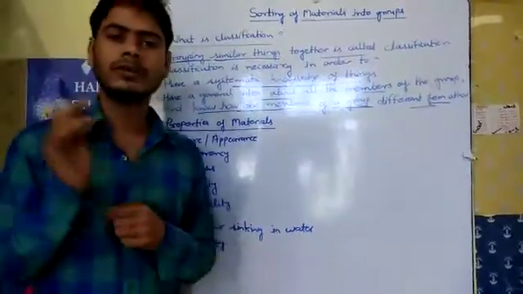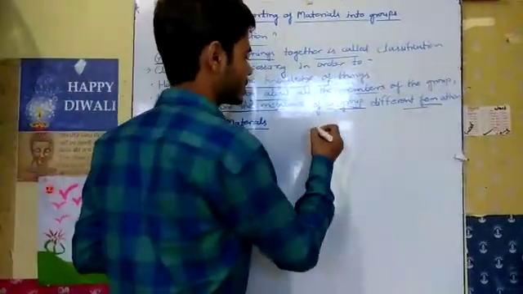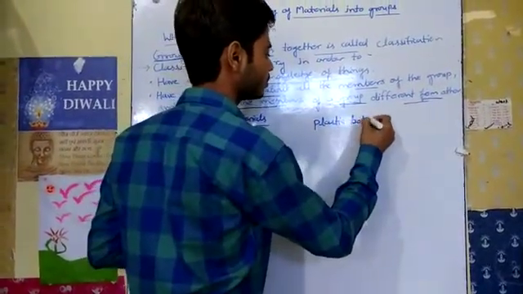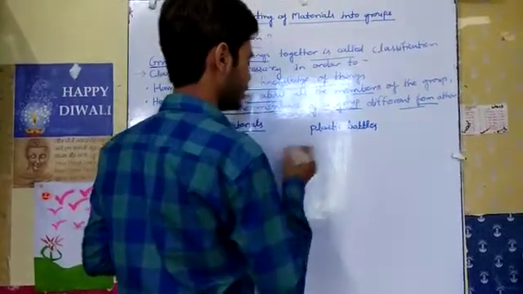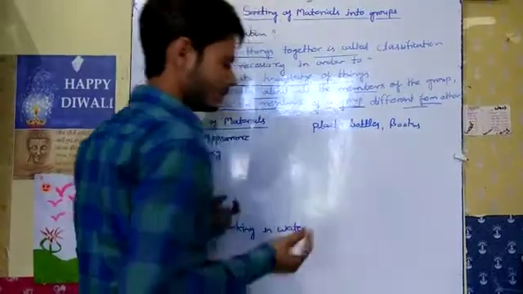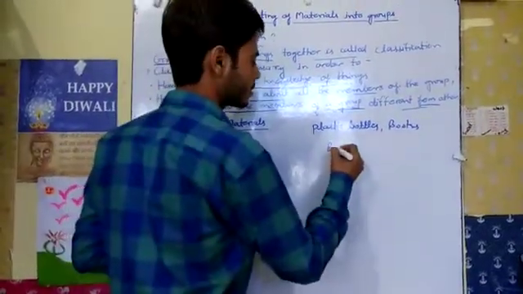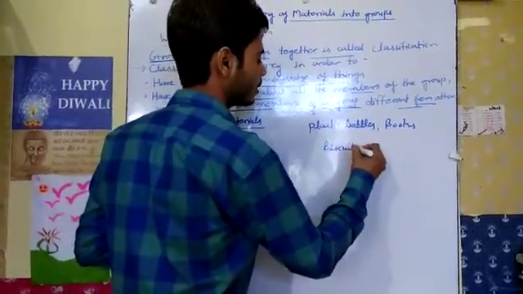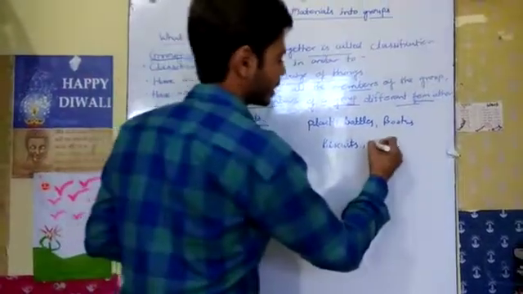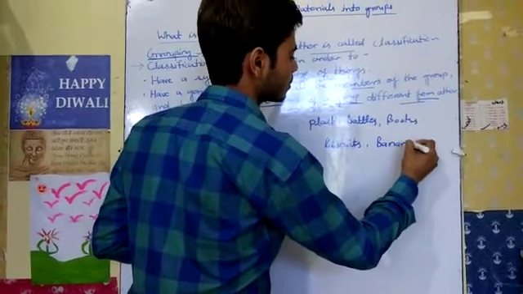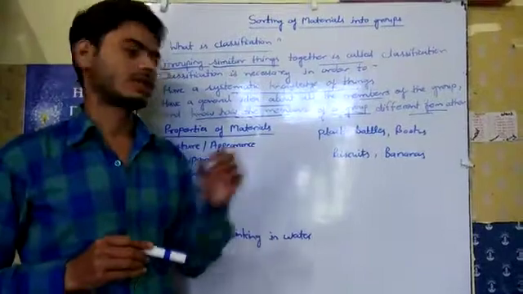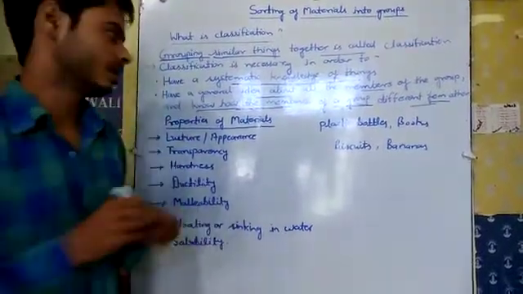Now suppose we have a plastic bottle, some books, some biscuits and some bananas. So we categorize them into different parts on the basis of being edible.